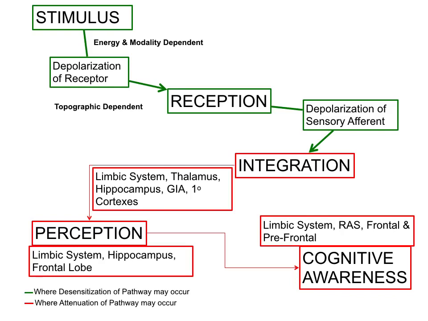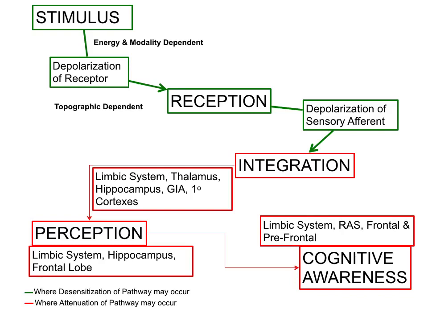We then start getting integration within the cerebrocortical structures, within the limbic system, within the thalamus, within the hippocampus, within the general integratory area, which we call the GIA, and then out into the primary cortices. This integration leads to perception within the limbic system, the hippocampus, and then ultimately into the frontal lobe. This will then lead to our cognitive awareness.